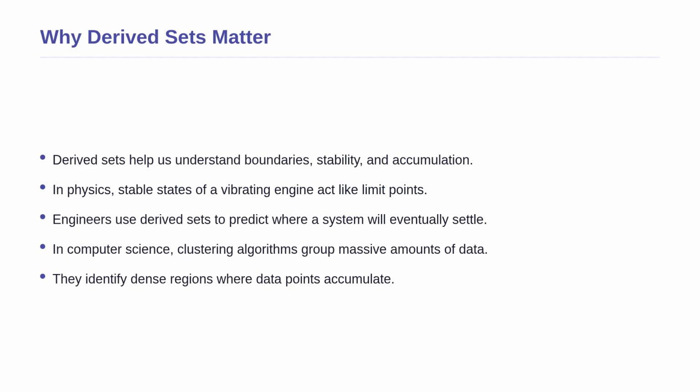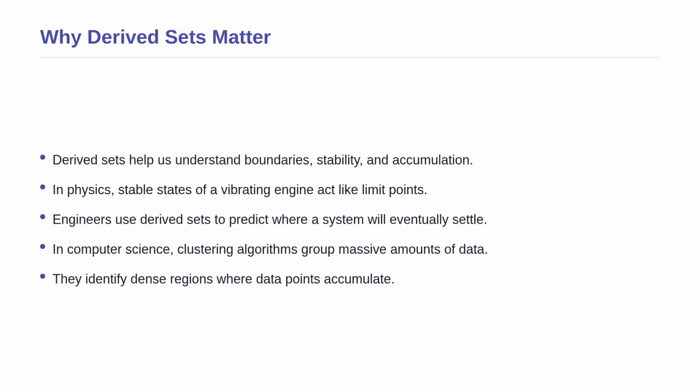You might be wondering, why do we care about derived sets? In the real world, derived sets help us understand boundaries, stability, and accumulation. For example, in physics and engineering, when studying a vibrating engine, you want to know if the vibrations will settle down to a specific stable state or spiral out of control. The stable states act exactly like limit points, drawing the system's behavior toward them.